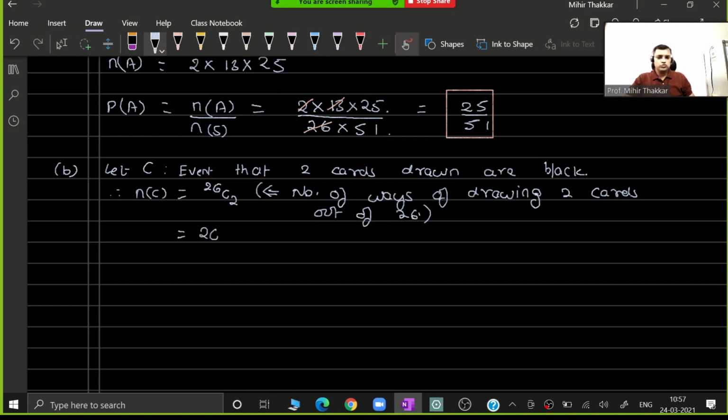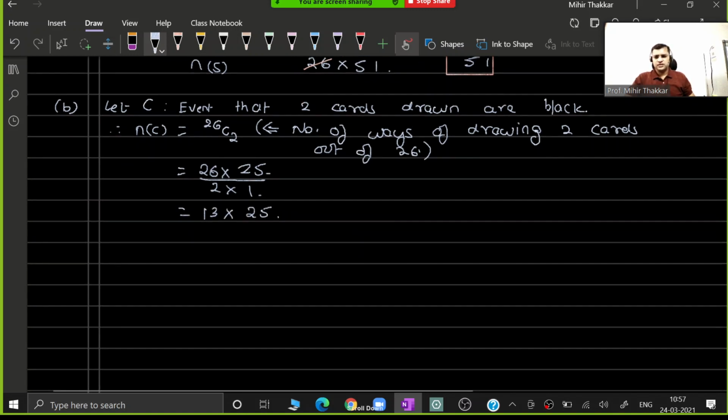So that comes out to be 26 multiplied by 25 divided by 2 into 1, and we know that it is 13 into 25. Leave it.